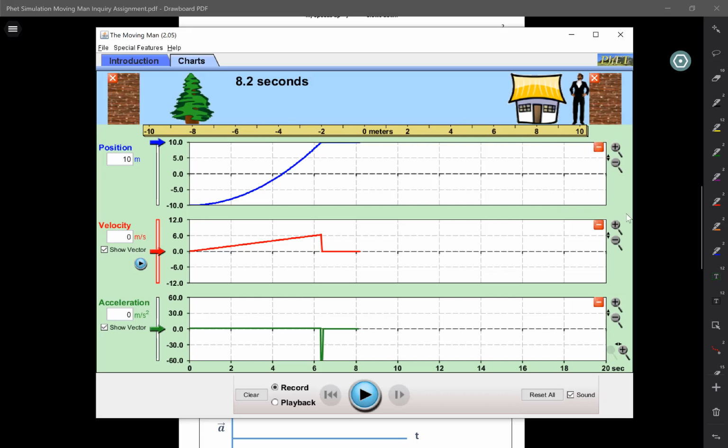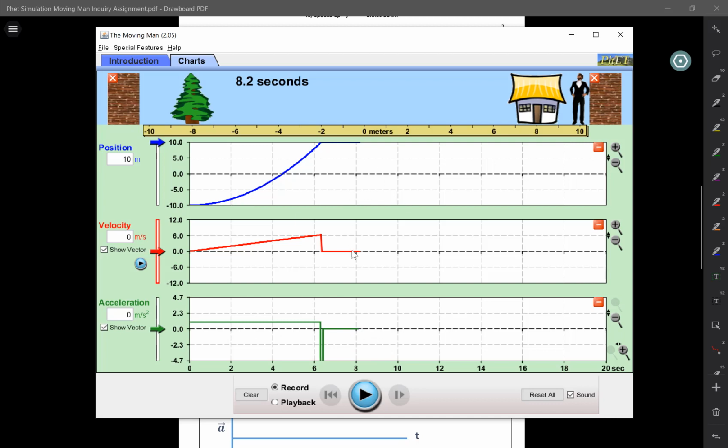For velocity and position it's not as needed, but it's very hard to see the acceleration values here. So I'm going to zoom in here and see if we can make that bigger. Okay, so that's the closest we can zoom in, and notice that the line is above the x-axis, and that's what I wanted to show you.